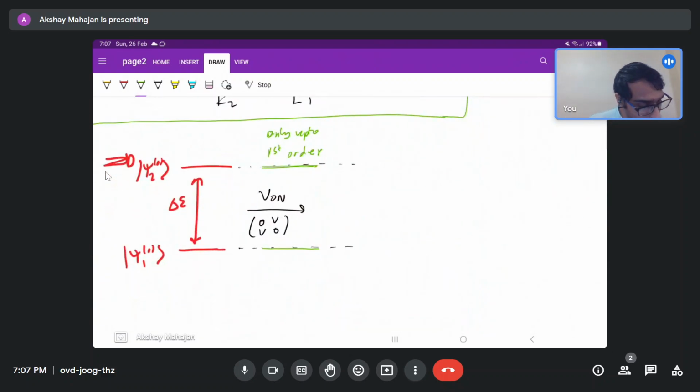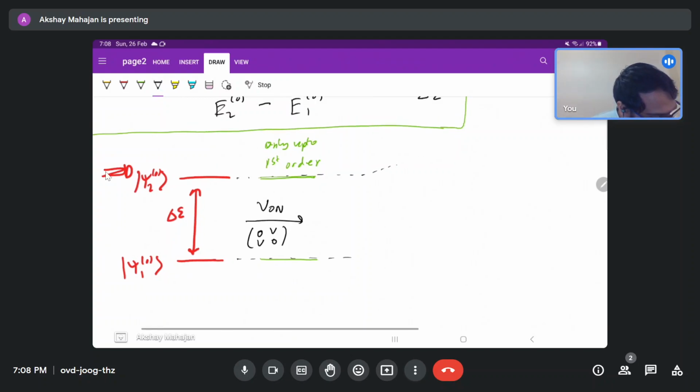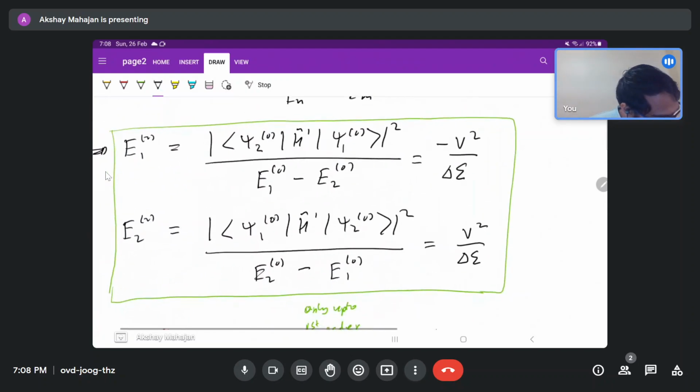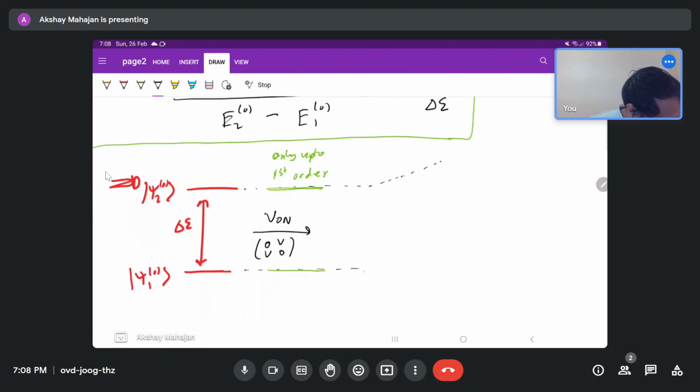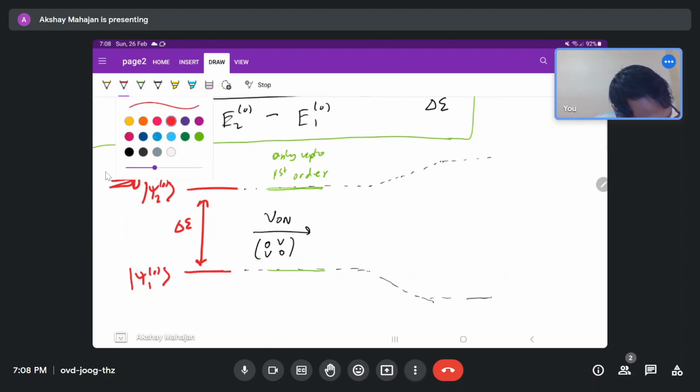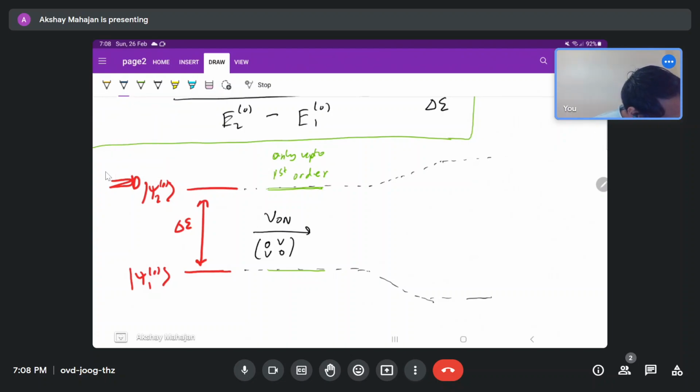So if you go to the second order correction, what will happen now is these energy values, as you can see, the E2 value will increase while the E1 value is decreasing. So this is what we are getting up to the second order correction.